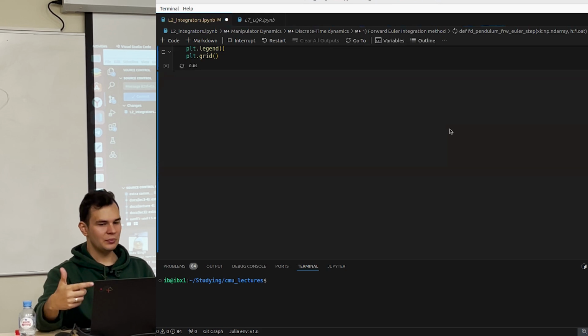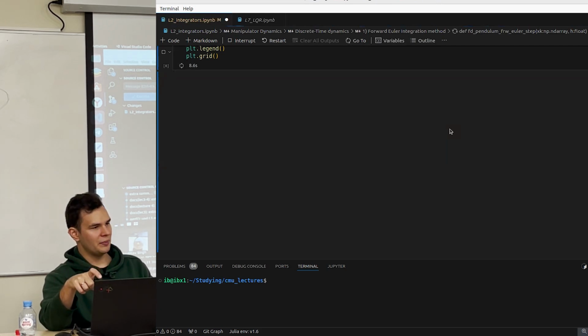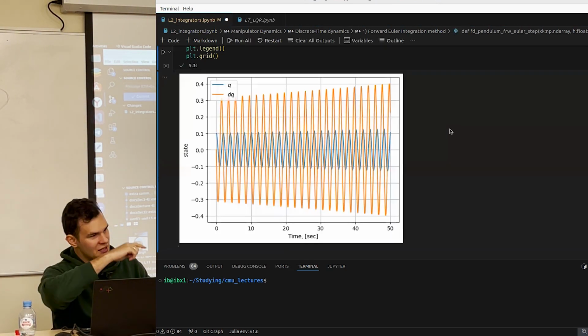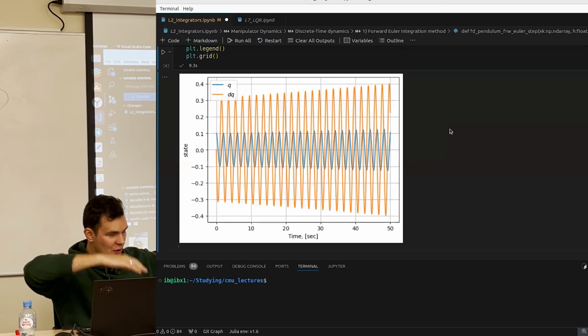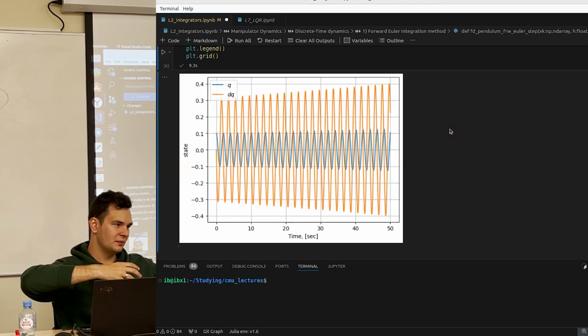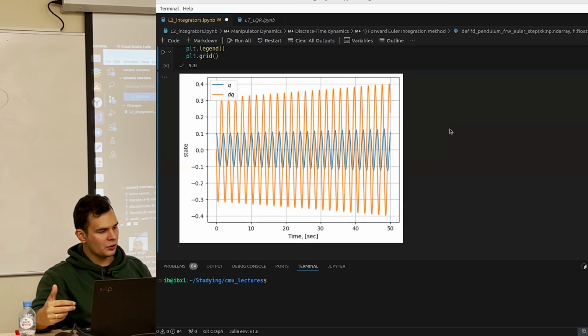It still eventually blows up. It doesn't go into the rest position because it doesn't have any damping. And this is why Euler is very easy to compute, so it's efficient to compute, but it's not precise.